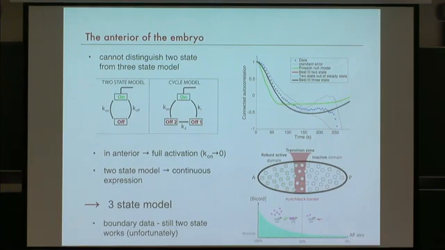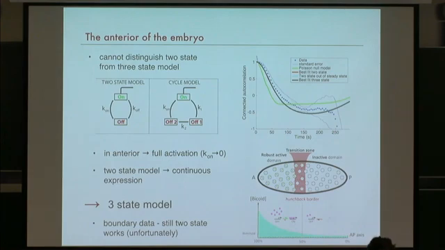So in the anterior part of the embryo, we're actually sure we have a cycle, that there are some hidden off states, because if there weren't, then the Poisson firing rate would work. So that's what we think. So it's probably a three-state model.